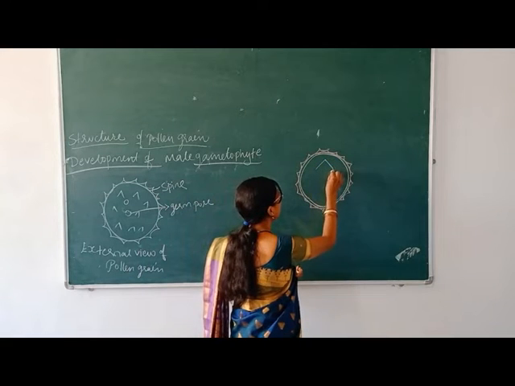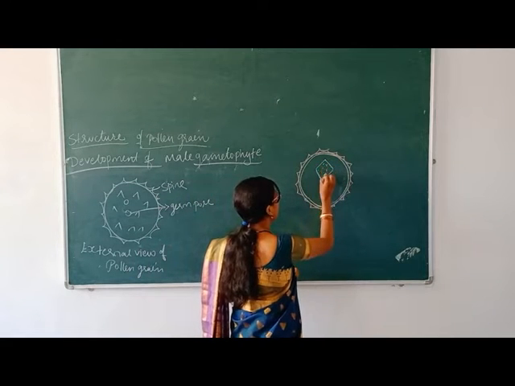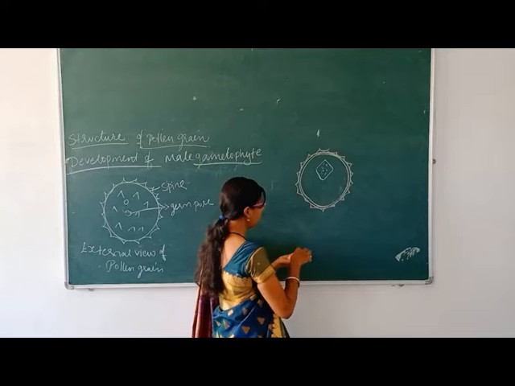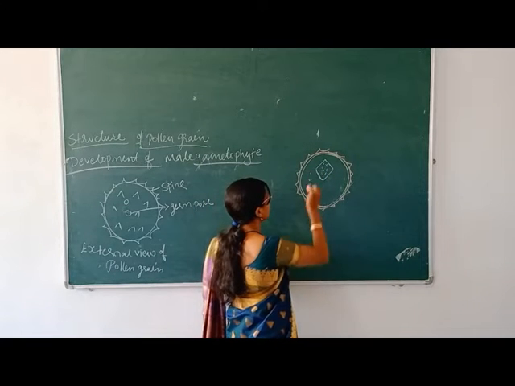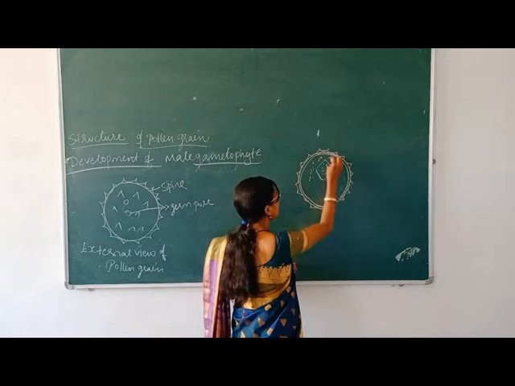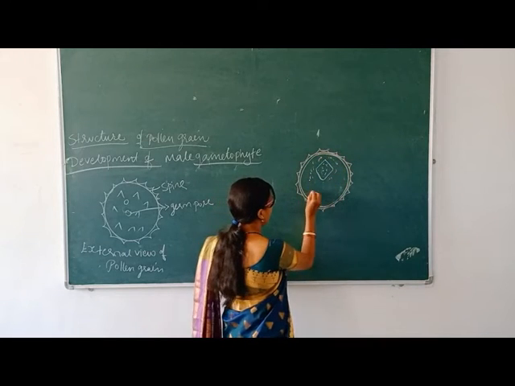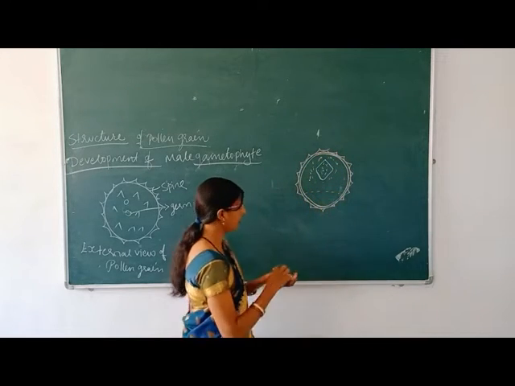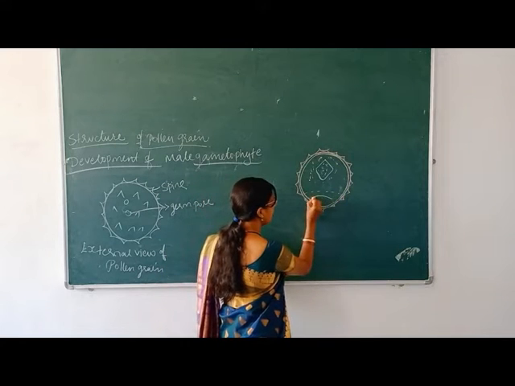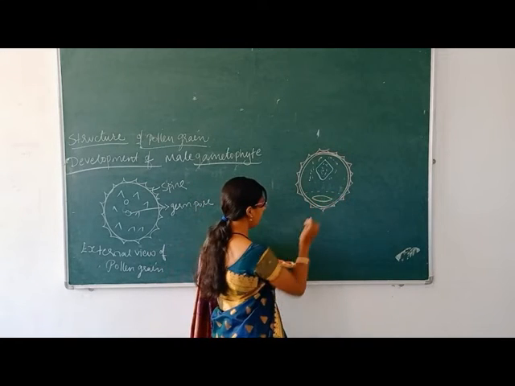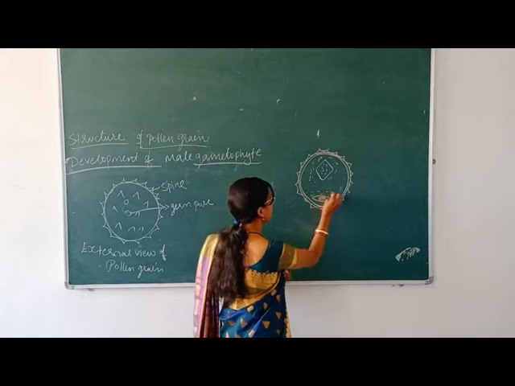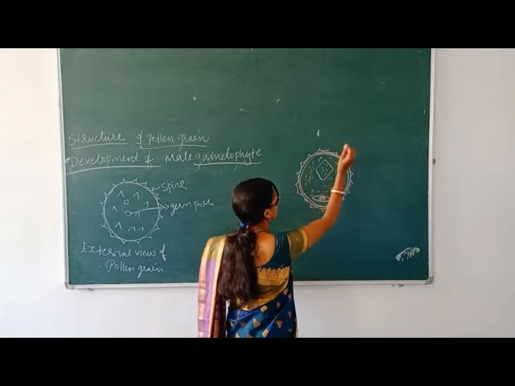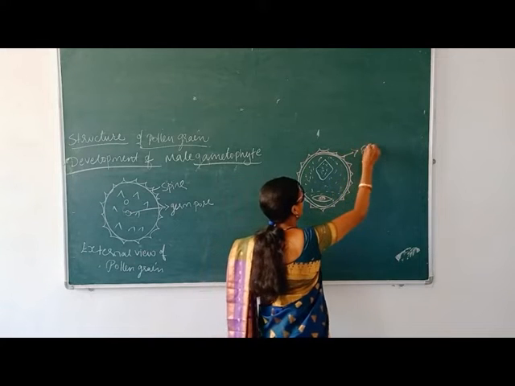This is the vegetative nucleus or tube nucleus, and this is the vegetative cell, and this is the callus cell, and the spindle-shaped one is the generative cell. They also contain the cytoplasm and exine.